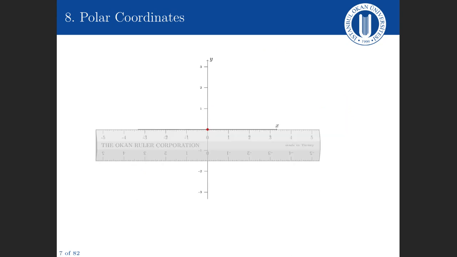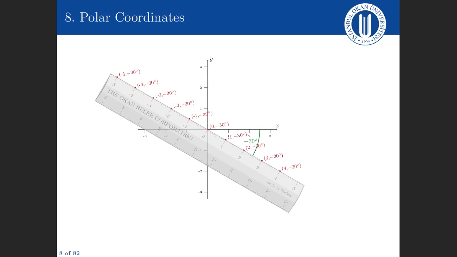Put the ruler back in its original position, and this time I want to rotate the ruler clockwise. Let's suppose I rotate the ruler by an angle of 30 degrees clockwise. Because we are rotating clockwise, we say that the angle is a negative number.